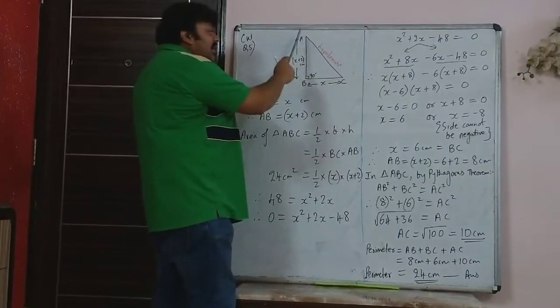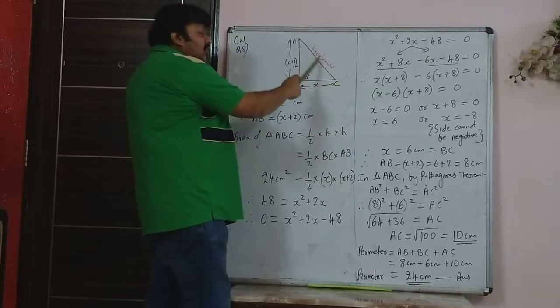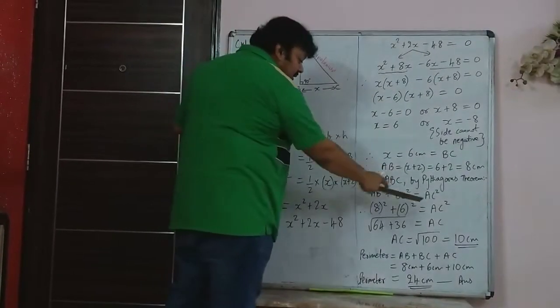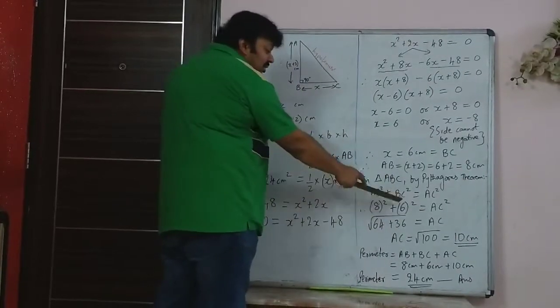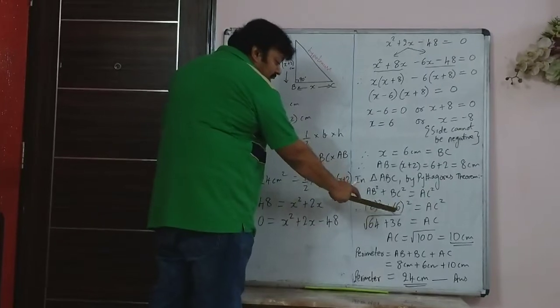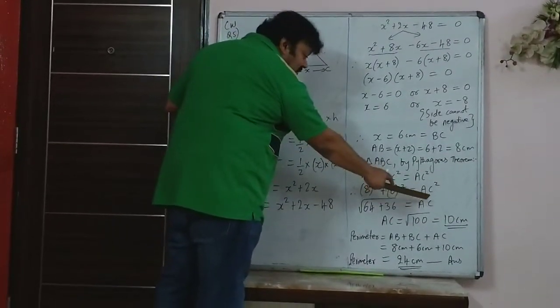AC the whole squared is AB the whole squared plus BC the whole squared. So AC squared will be 8 squared plus 6 squared. 8 squared is 64 and 6 squared is 36. So under root of that will give you AC.